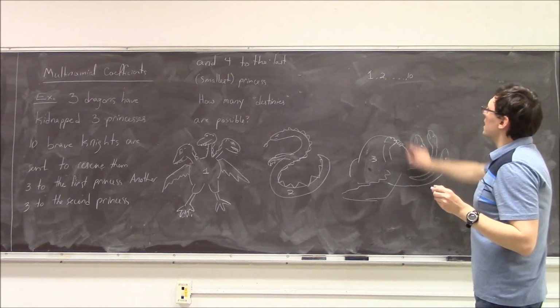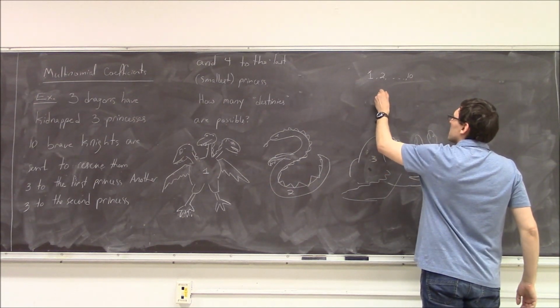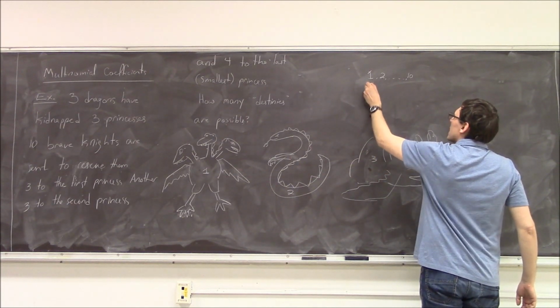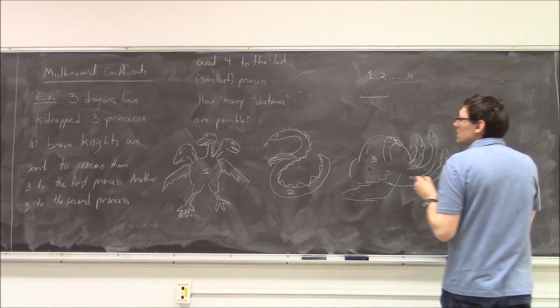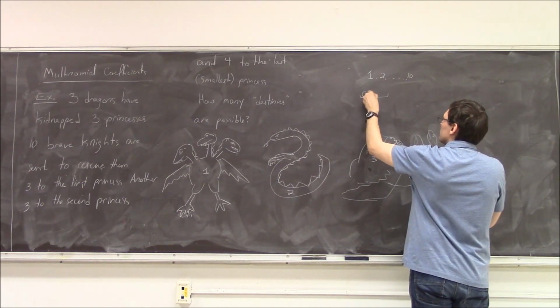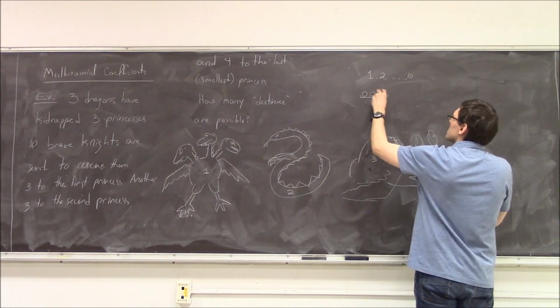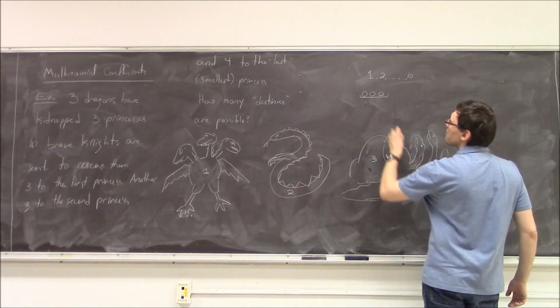And I list the knights in order, and what I have here is a tray. So let's say that the first tray contains 3 individuals, because that's going to be food for dragon number 1.